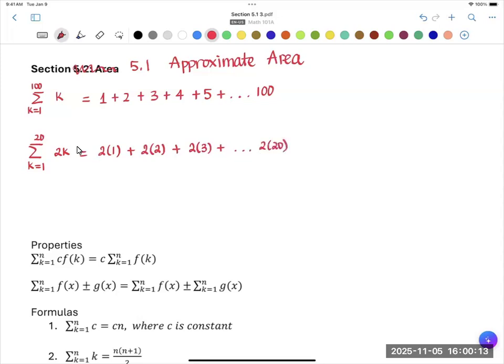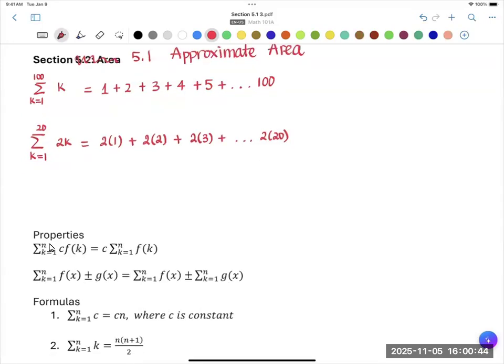In this section, we're going to look at a formula so that we can find this sum easily, instead of listing out all the numbers and adding them by hand. Can we have a faster formula that we can plug into and find out what the sum is?